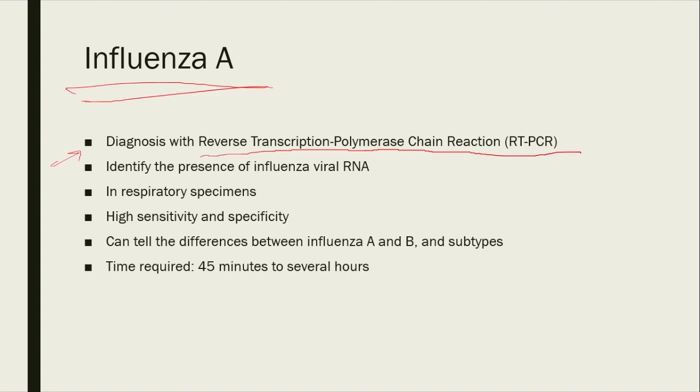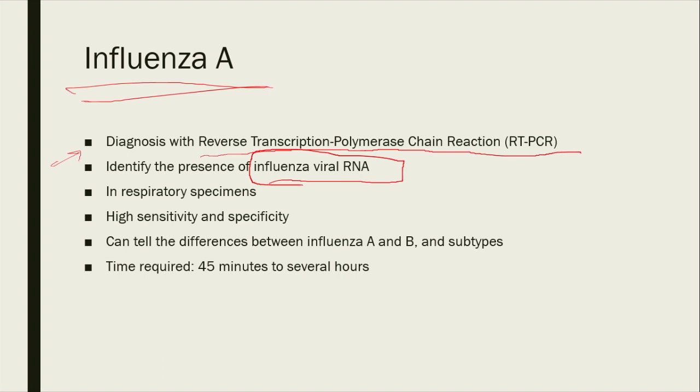Why is that? Because influenza, along with other viruses like the coronavirus we're having right now, are RNA viruses. For PCR reactions, you go from DNA to DNA. For RNA, there is a small extra step. We're going to talk about it in the next slide.